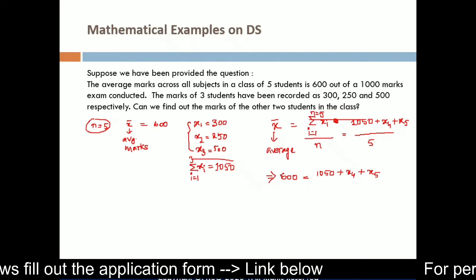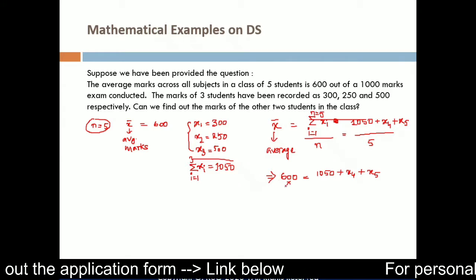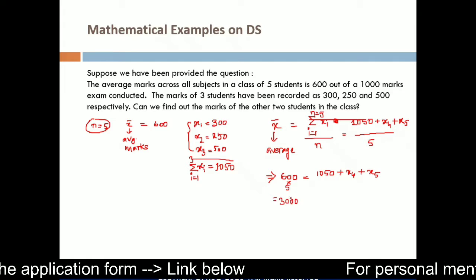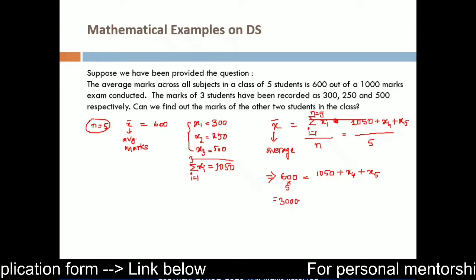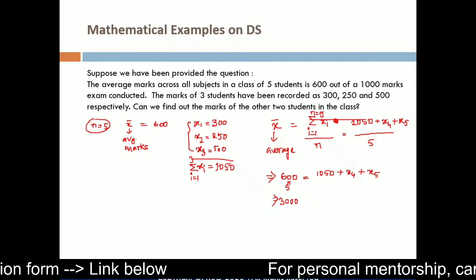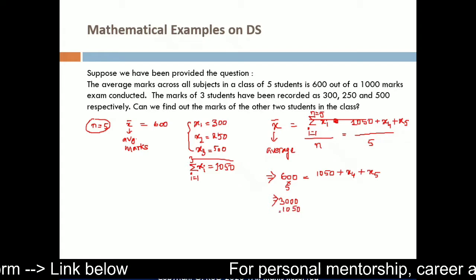So we take this 5 on the left hand side and multiply it here. So we get 3000, and in the next step we subtract 1050 from here.